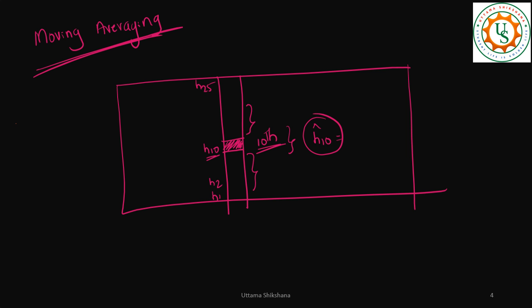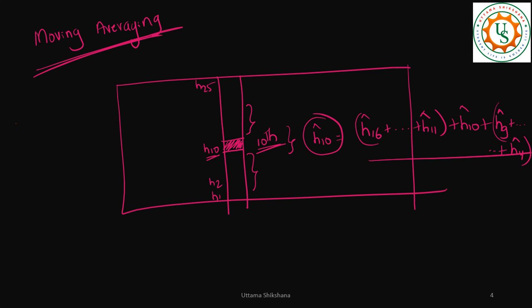So what does it mean? It means that you will take H16 plus and so on till H11, plus you can even include this H10, plus these six: H9 and so on till H4.